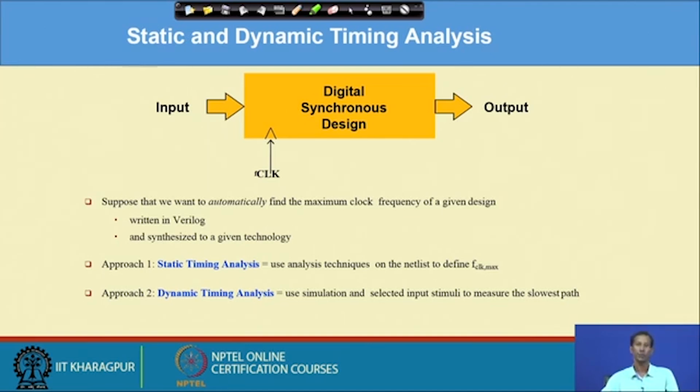Synchronous circuit means in the system there will be one single clock. Okay. That means all the sequential elements present in that particular design will be clocked by the same clock. So, depending on the same clock, all the sequential elements change their state. But in case of asynchronous, you might find more than one clock.